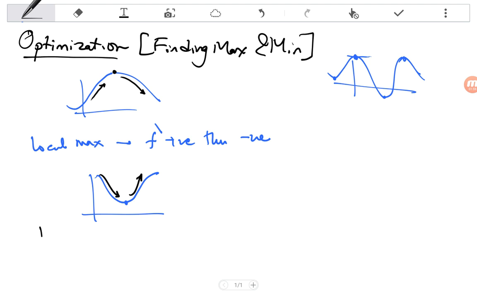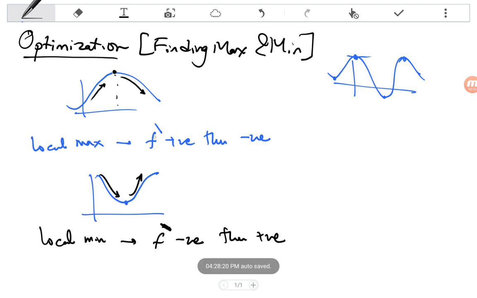So at a local minimum, f dash is negative, then it becomes positive. So I can know the point of a local maximum or a local minimum by the derivative. It is the point where the derivative changes its sign.